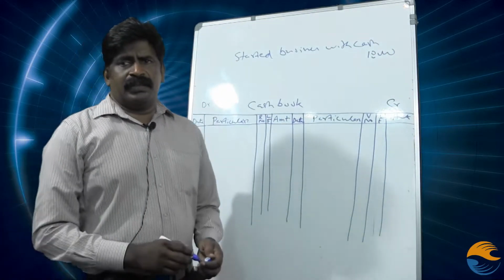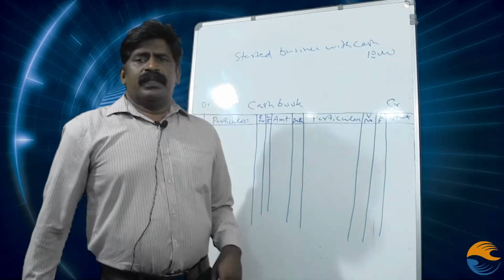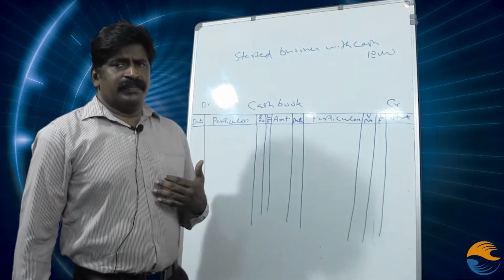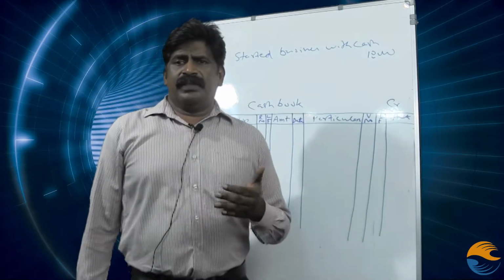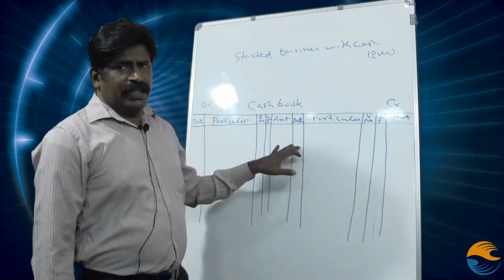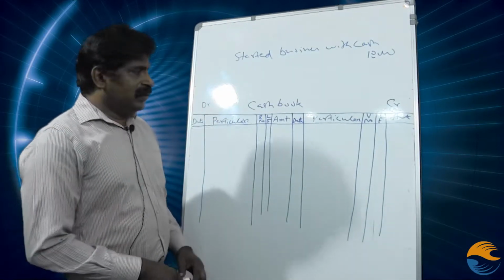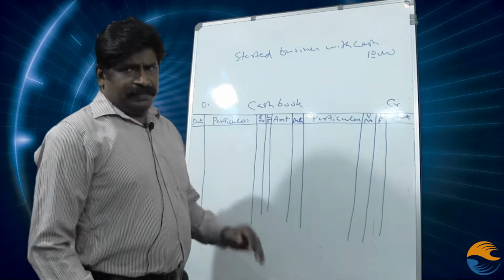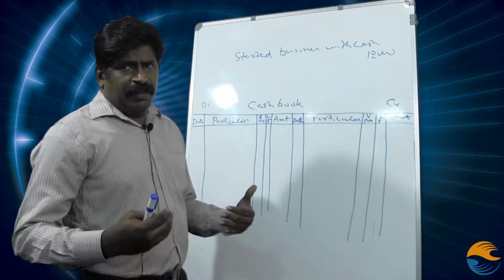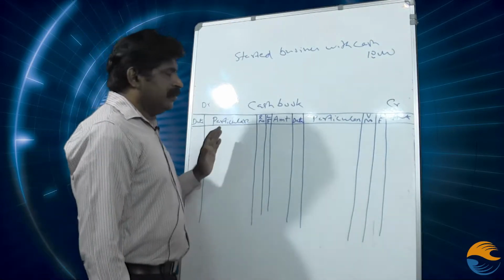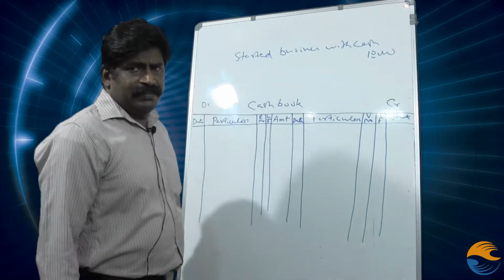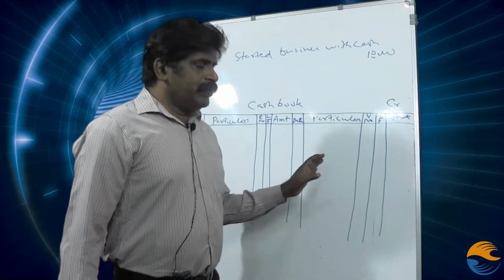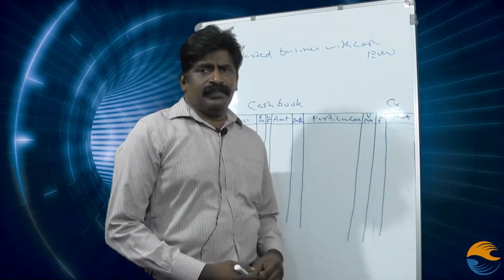If this is a transaction, we have to consider ourselves as the business, and when we record this transaction in our books, this is a cash book. The principle is all receipts, all income, should be posted on the debit side, and all payments should be posted on the credit side.